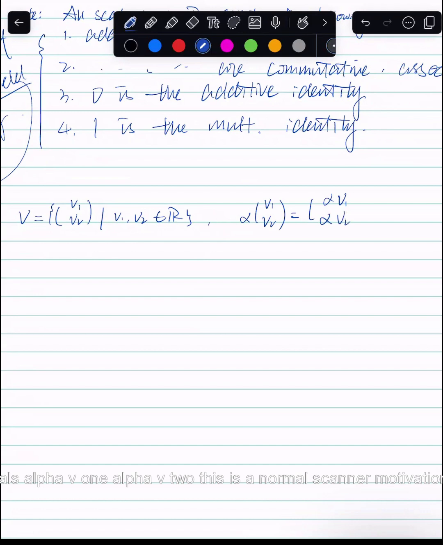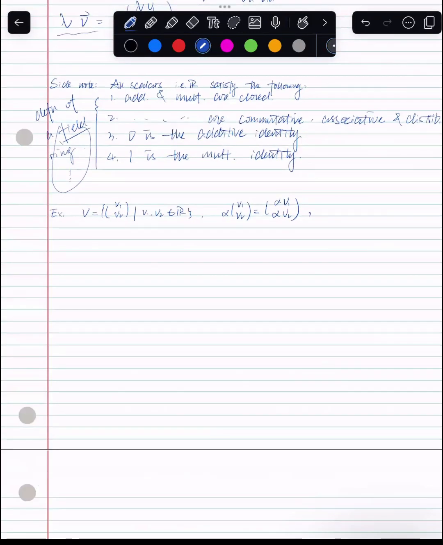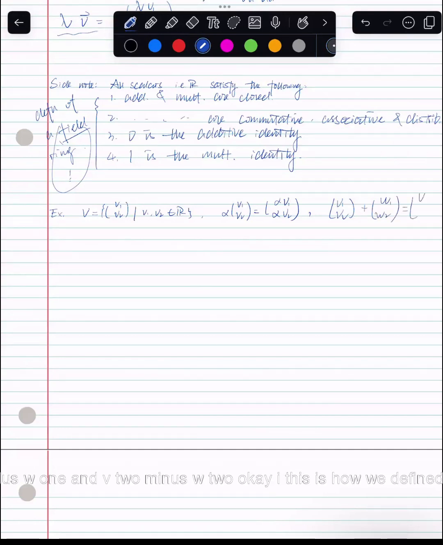This is the normal scalar multiplication, but we define vector addition to be (v1, v2) plus (w1, w2) equals (v1 plus w1, v2 minus w2).